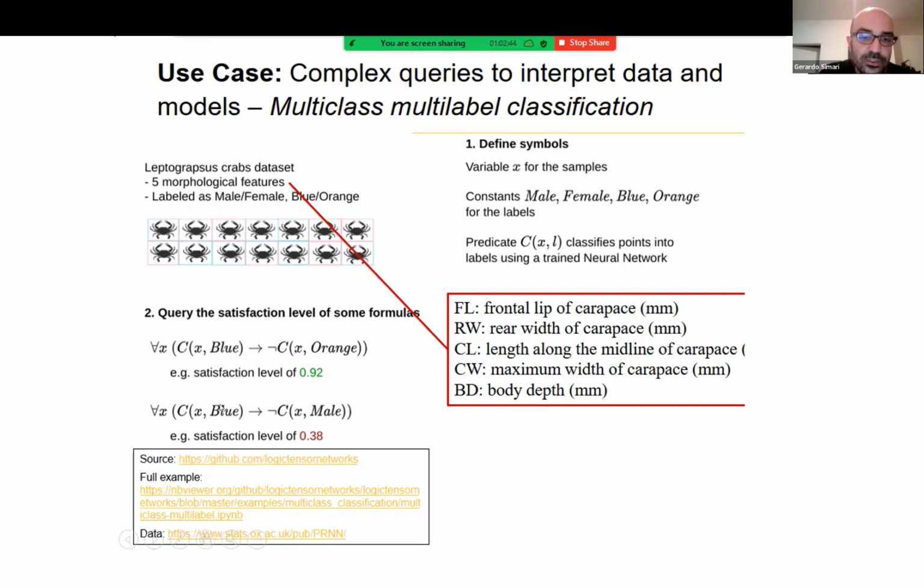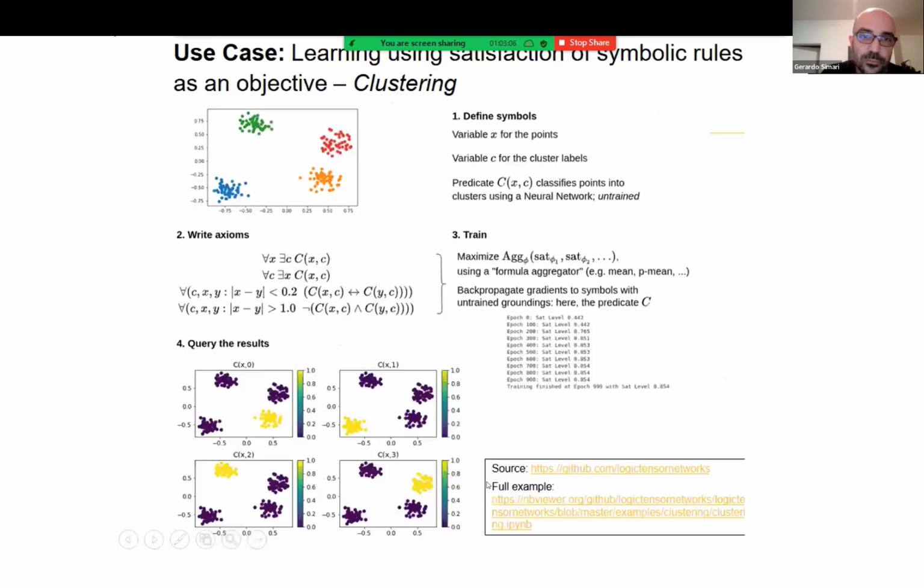And maybe you have another hypothesis that says all blue crabs are not male, which is what it's saying right here. And you see here that it's quite low satisfaction. So again, you can have a look at more details in these sources.